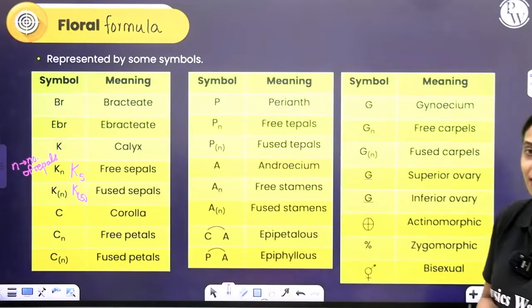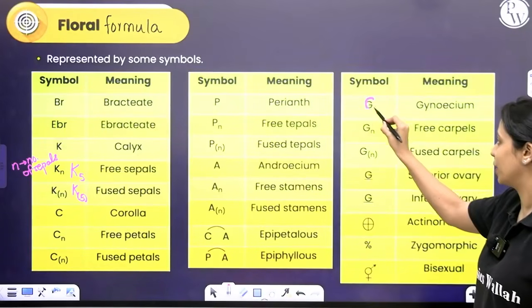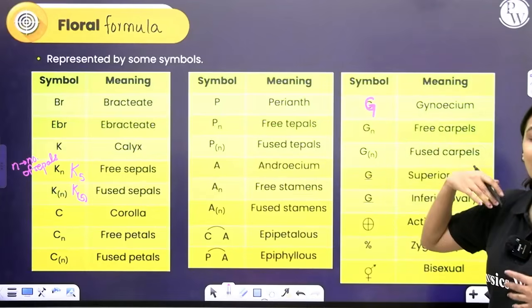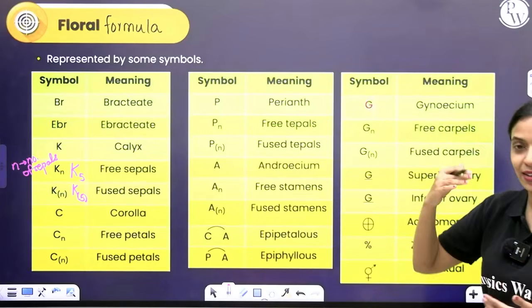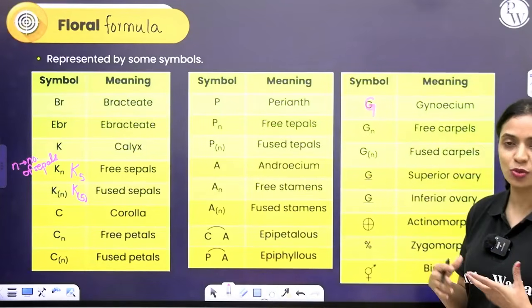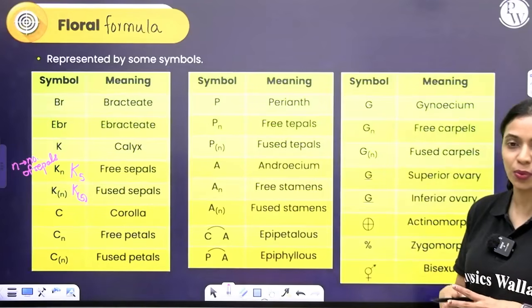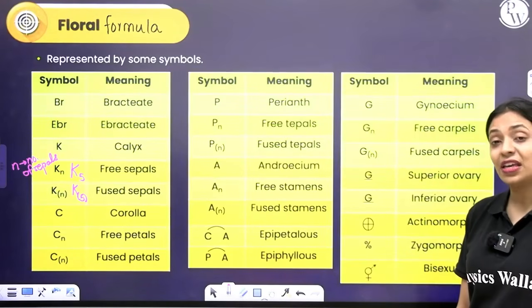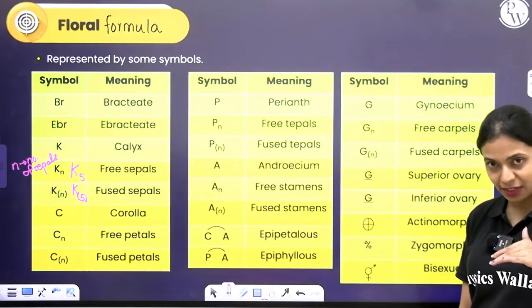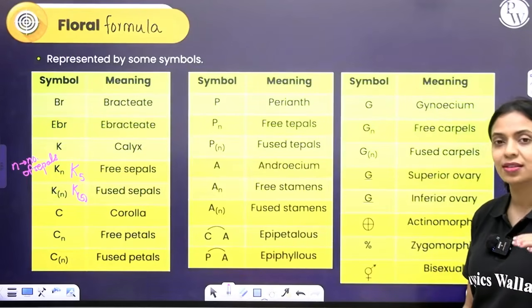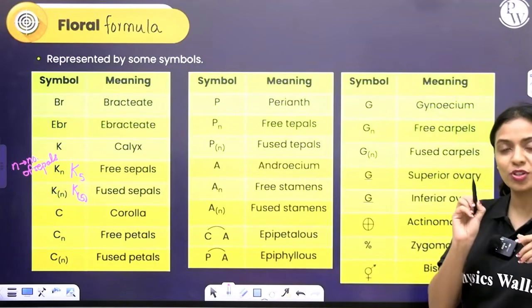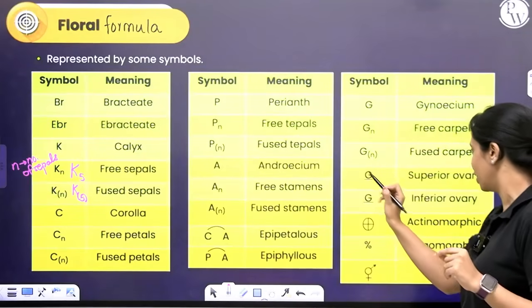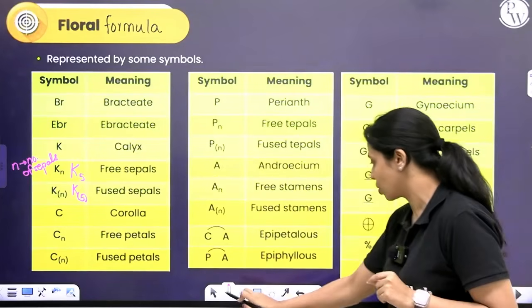Okay. Next, gynoecium is represented by capital letter G. Same thing given here. The number of carpels are represented as a subscript. If it is apocarpus, no bracket. If it is syncarpus, you will enclose it within bracket. If it is an inferior ovary, ovary is inferior, flower is epigynous, ovary is in the lowest position. On top of ovary, you will draw a dash. Okay, so this is wrong here.